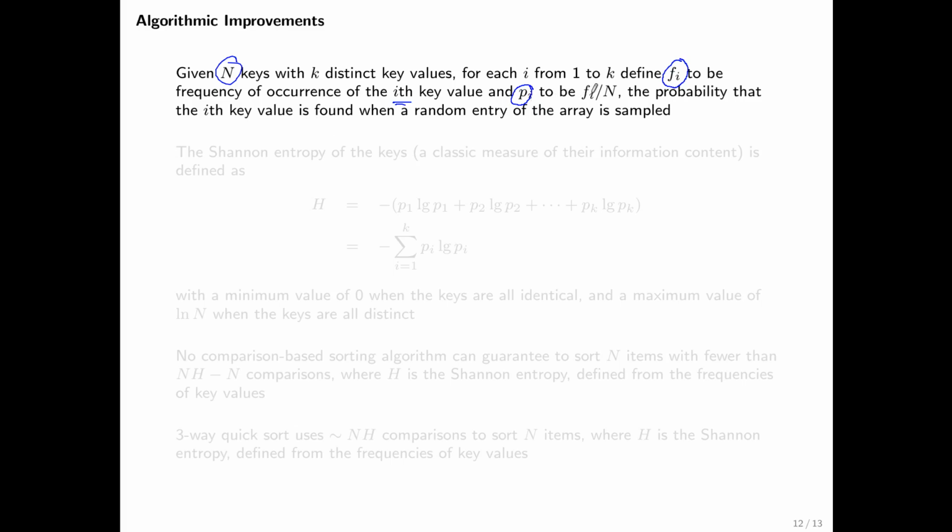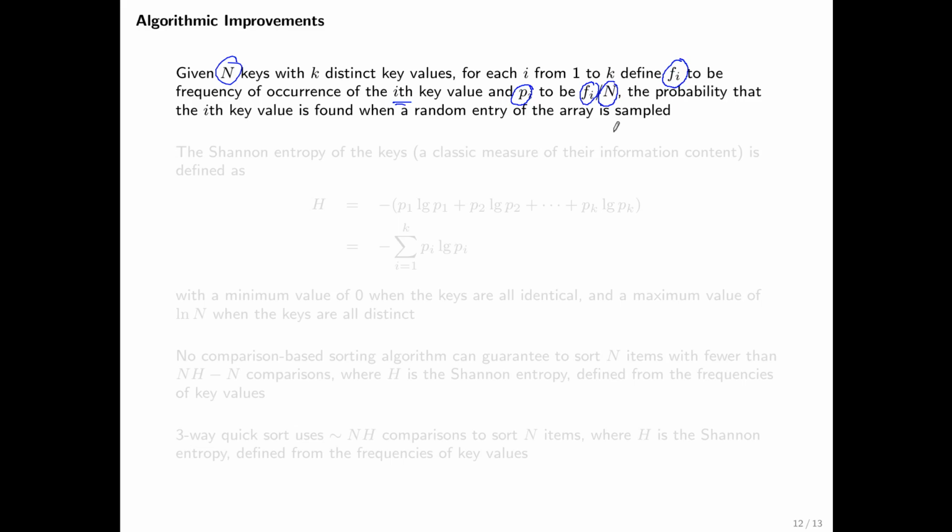And what is p sub I? P sub I is simply the number of times that the ith key shows up divided by the total number of keys, which is capital N. That is clearly a probability, and it is the probability with which you will find that particular key value when a random entry from the array is sampled. Let me give you a concrete example of this.